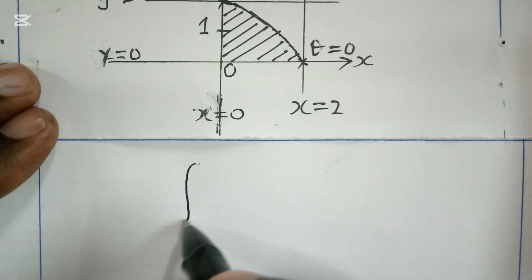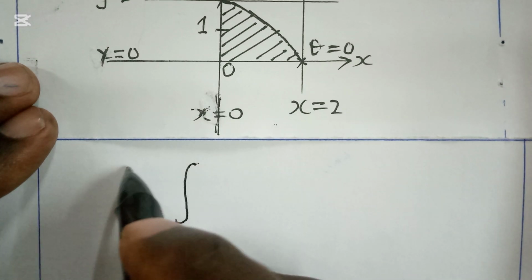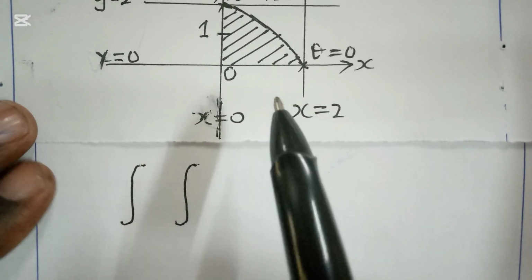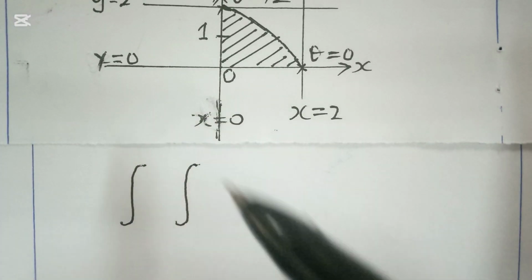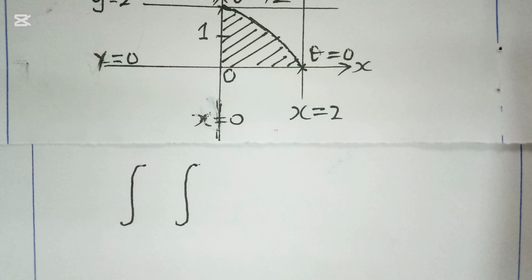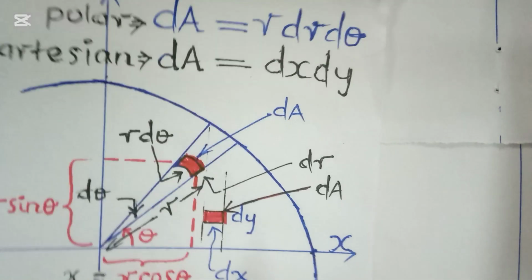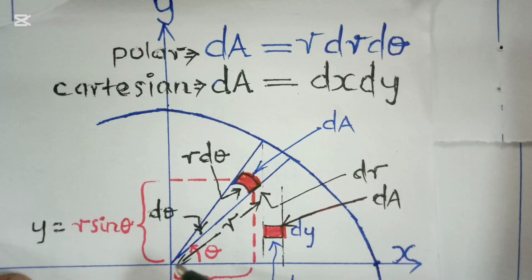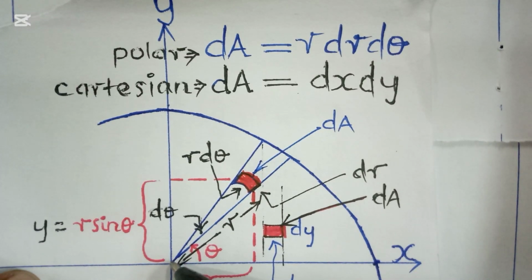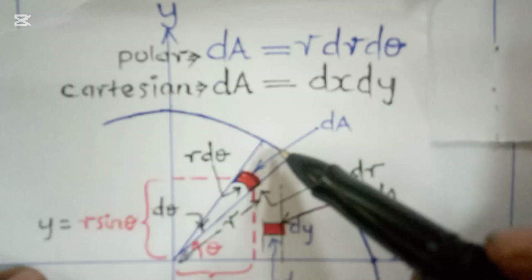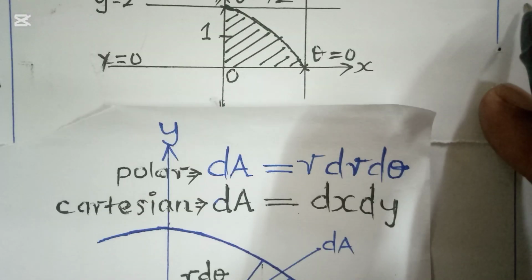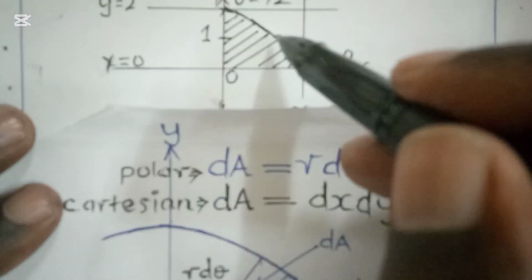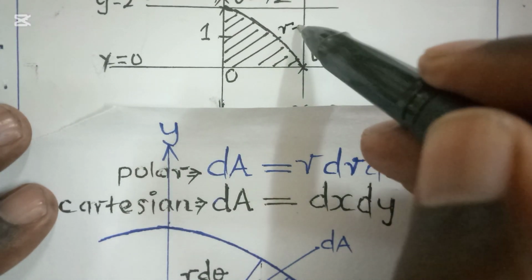The first integral and the second one. So I will now say for the first integral, we have our element should run from this point, that is r equals 0, up to r equals, according to us, 2, because here we have r equal to 2.